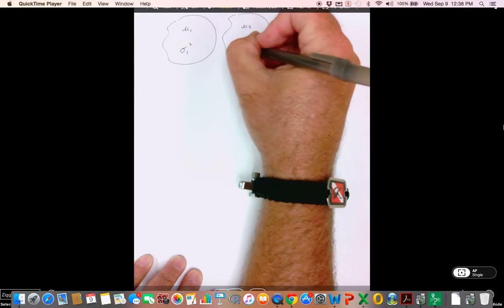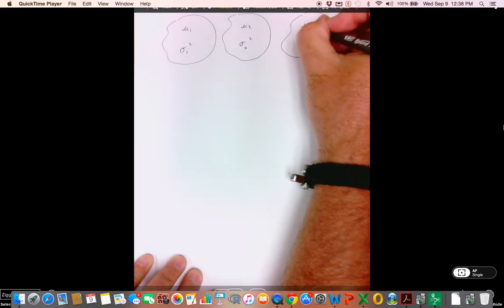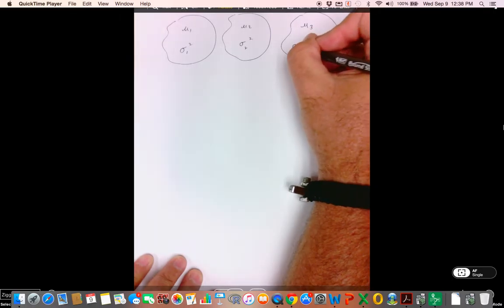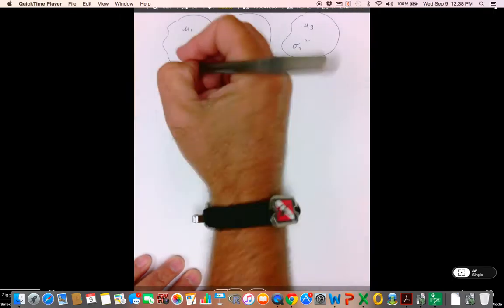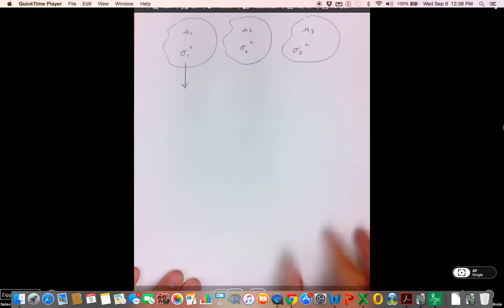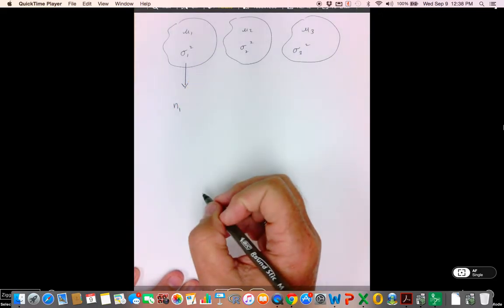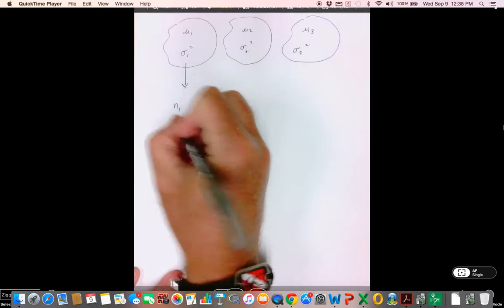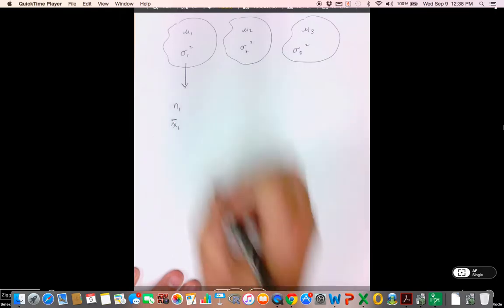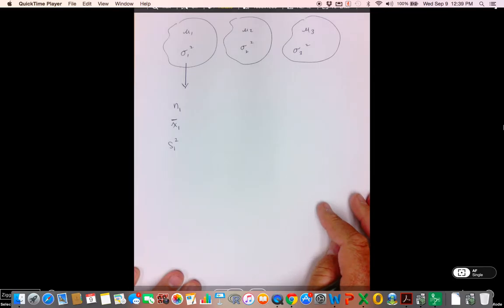That'll certainly make the point, and we can generalize from there. We dive into that population, if you will, and pull out a random sample of size n sub 1, which has sample mean x bar sub 1 and sample variance s sub 1 squared.